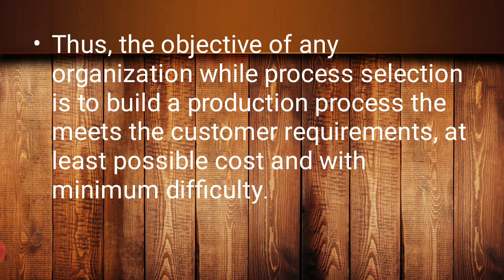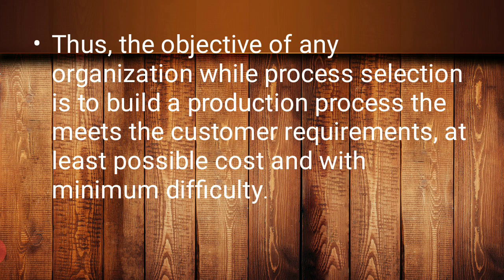Again, it's not a costly affair on the part of the manufacturer, that means it is manufactured at the least possible cost, and with the minimum hurdles and difficulties, with minimum effort on the way of production. That kind of process has to be decided by the manufacturer.